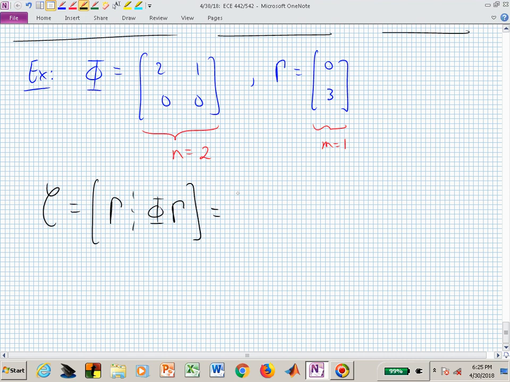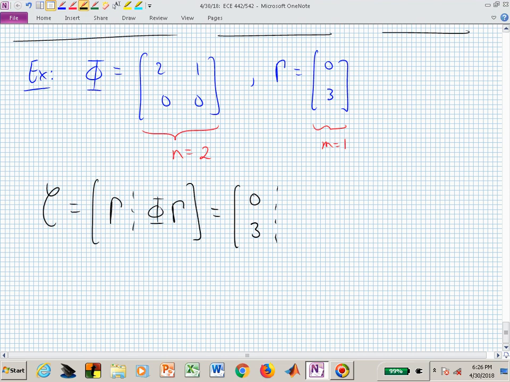The first column is simply gamma, that's 0, 3. And the second column is phi times gamma. Depending on how you learned to multiply matrices, gamma is not weighting the first column of phi because there's a 0 in the first row, and it's scaling the second column by 3.